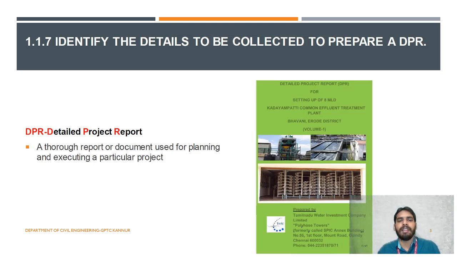But first you have to understand what a DPR is. A DPR is a detailed project report, a thorough report or document used for planning and executing a particular project.